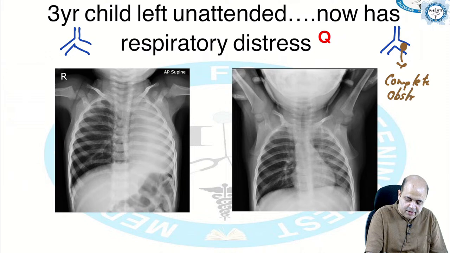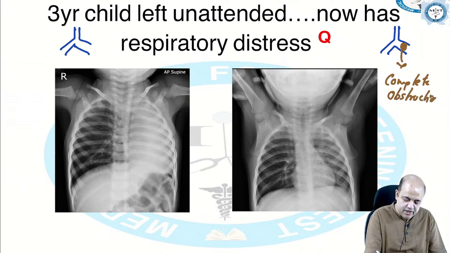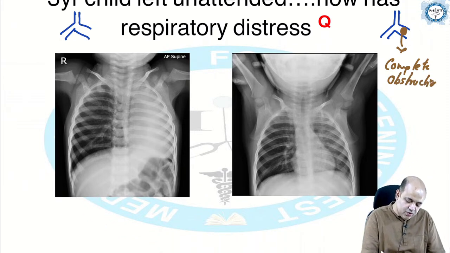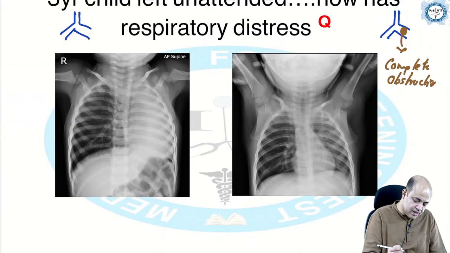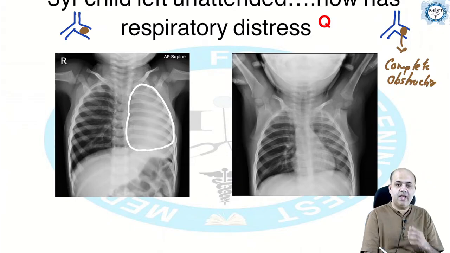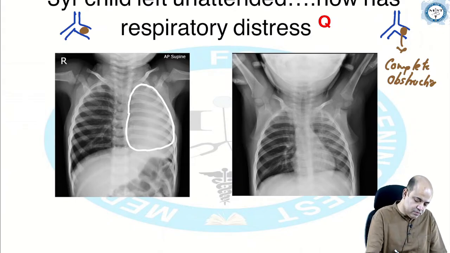When there is a complete obstruction, it will lead to a collapse. This is how it will appear. There is a collapse of the lung.